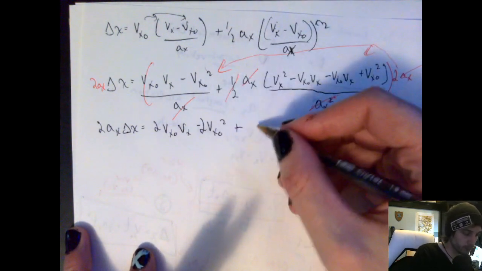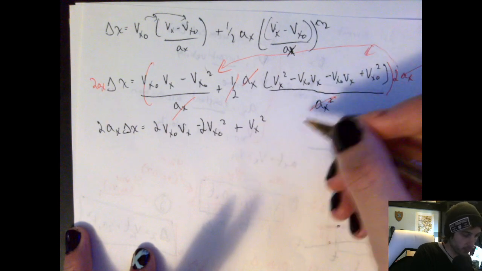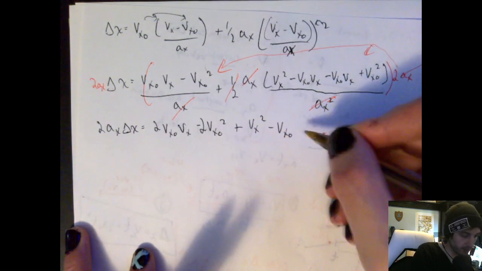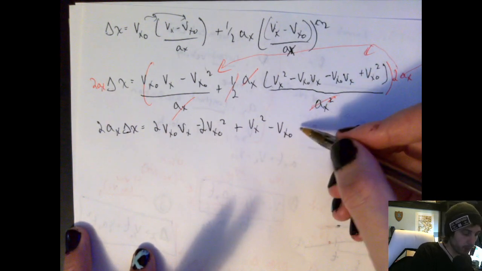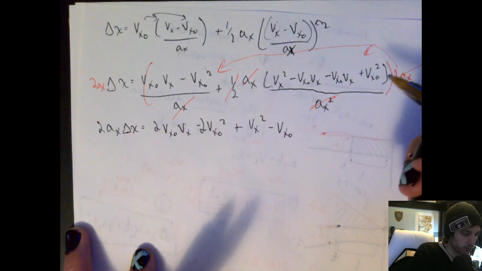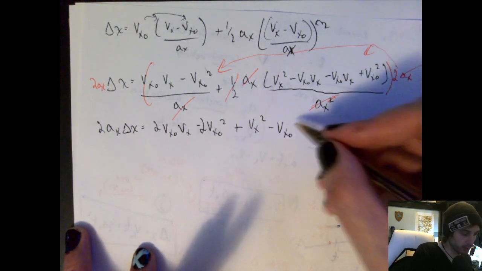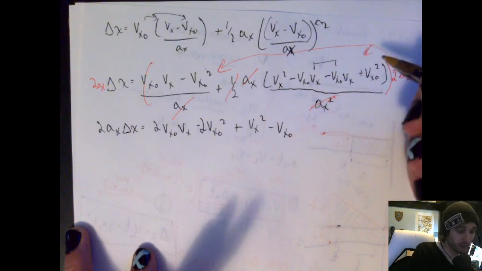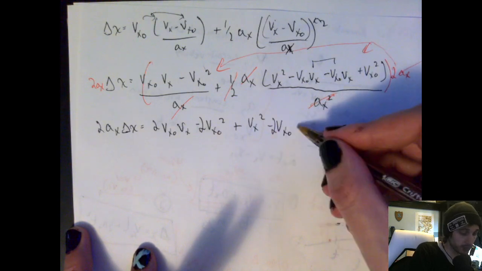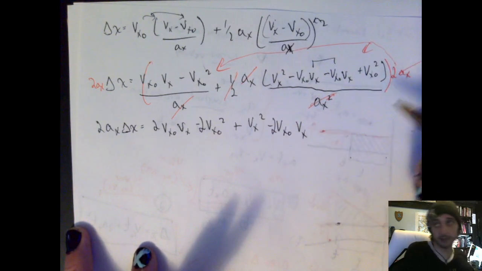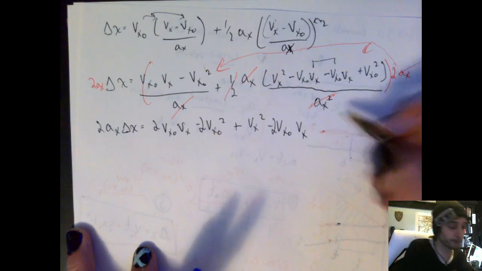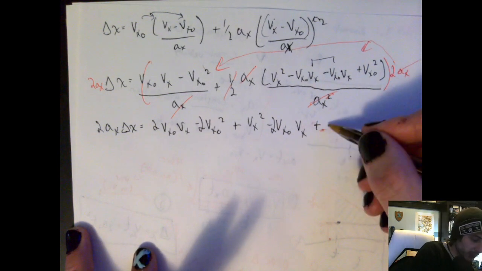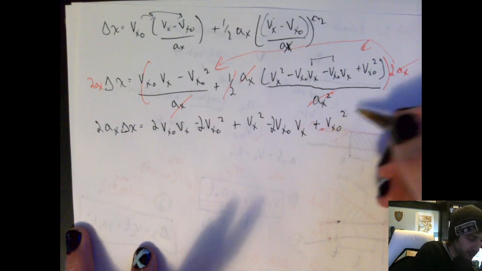Plus Vx squared minus Vx naught. Yes, okay, good. Sorry, I was just double checking that I don't have things mixed up. There's 2 of these, so they're going to combine to 2 Vx naught Vx, which is combining like terms, plus Vx naught squared.